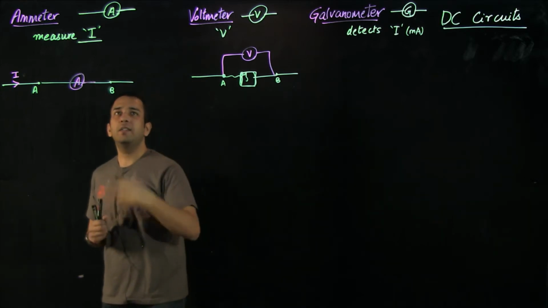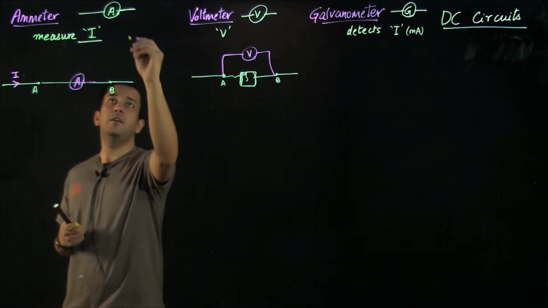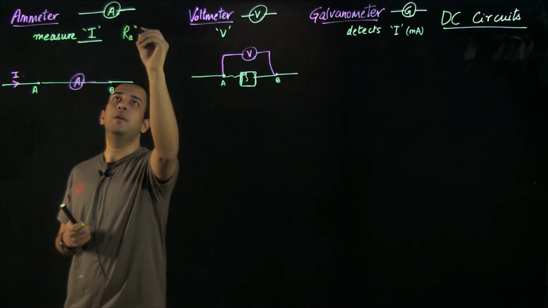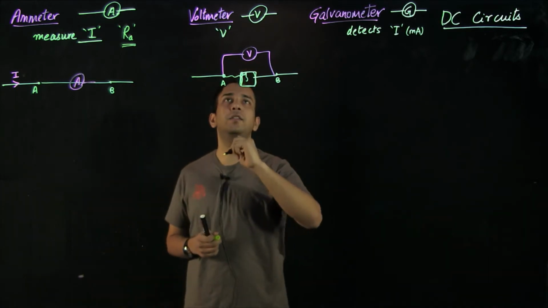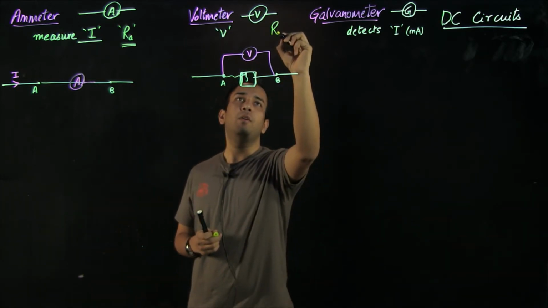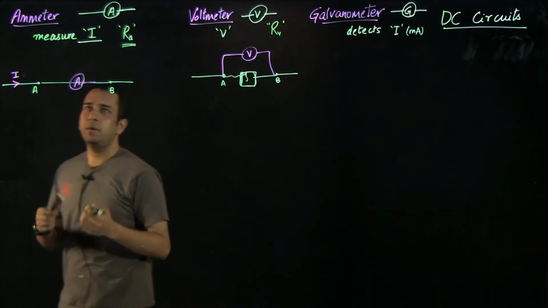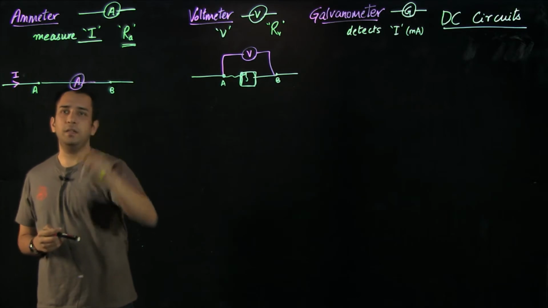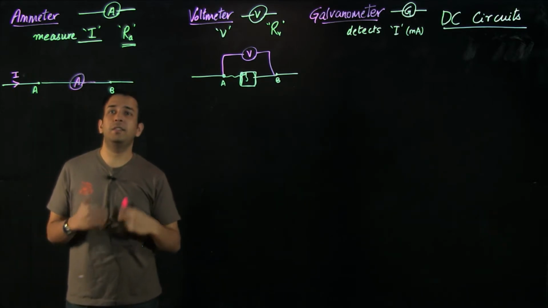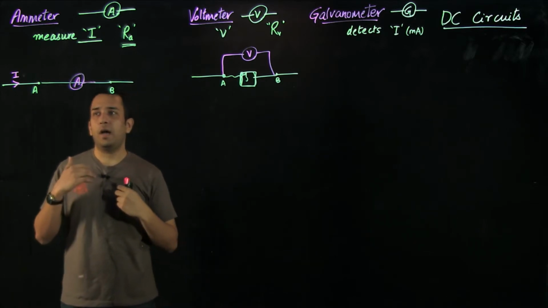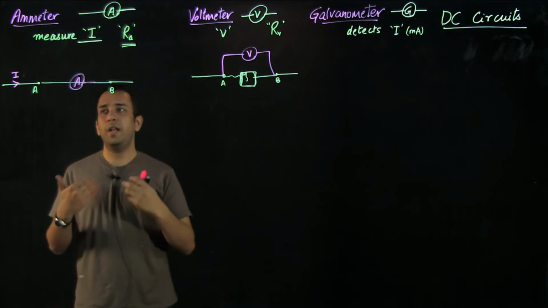Now going to the characteristics of ammeter and voltmeter, because these are practical devices, they have a resistance associated with them. The resistance of the ammeter we'll call RA, and the resistance of the voltmeter we'll call RV. Let us consider that I have applied an ammeter in series. The ideal thing would be that the ammeter has zero resistance, because I only want to measure the current and I don't want the current to feel any resistance.